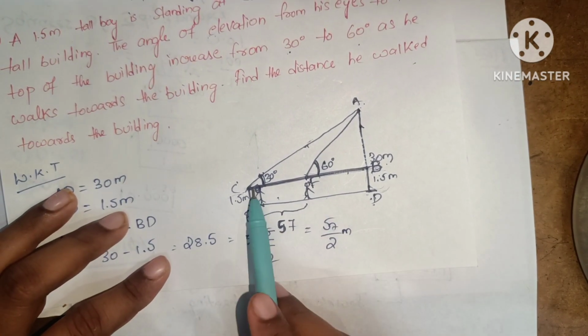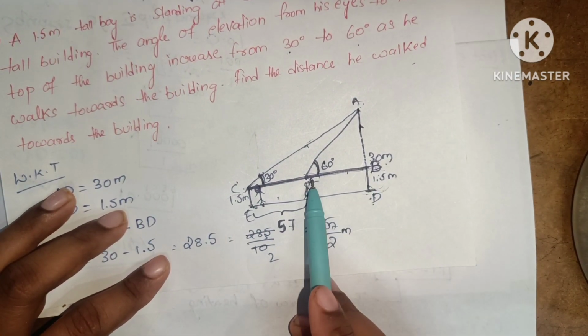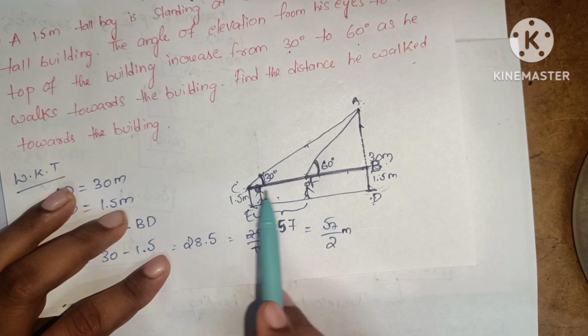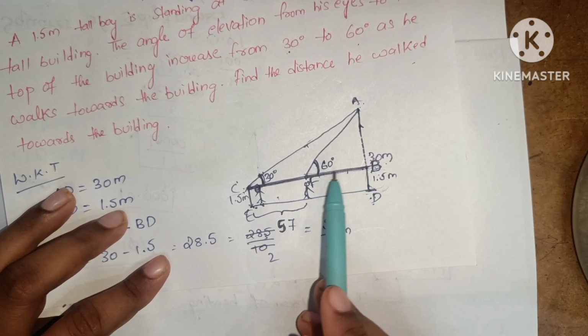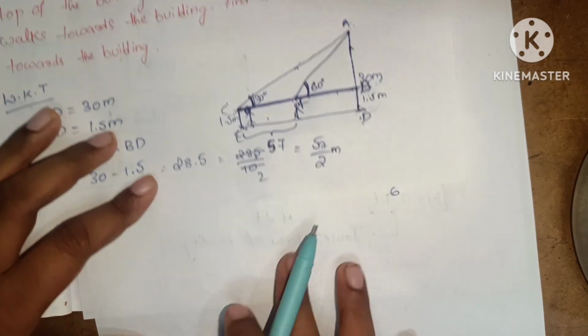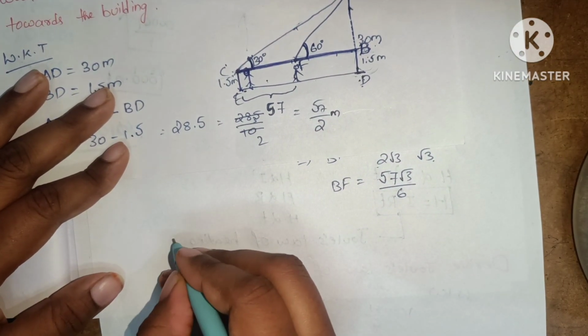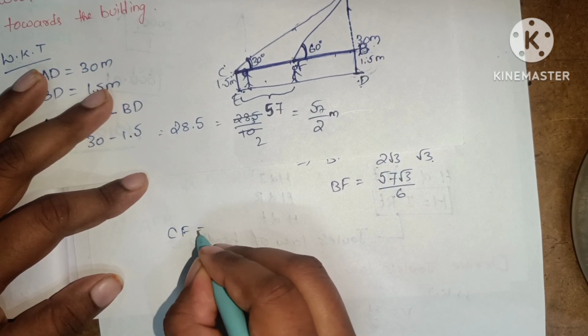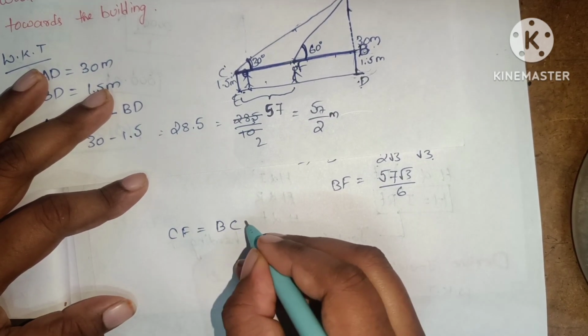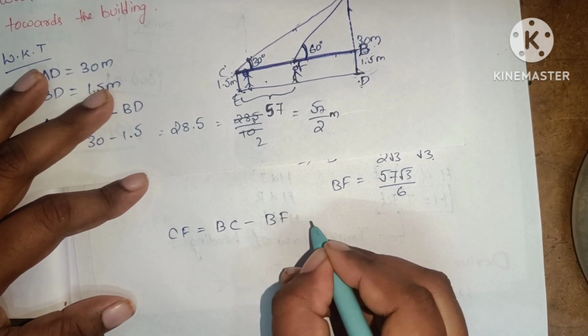Now what do you have to do here? You know the BC value, you know the BF value. You have to find CF. That means BC minus BF, then you will get it easily. CF equal to BC minus BF.